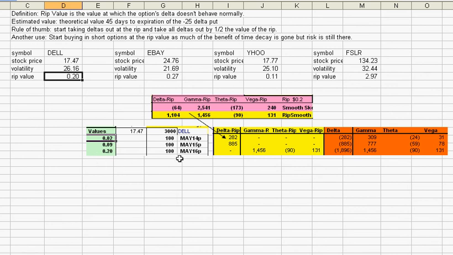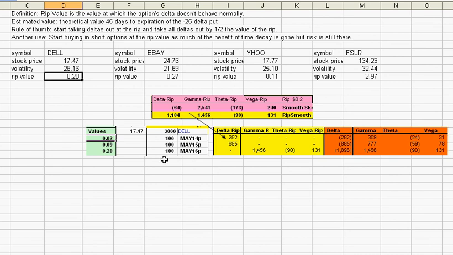So using the rules above, we would leave in the May 16 puts because its value is right at the RIP, so we're not taking any out yet until it goes below the RIP. Since May 15 is below 10 cents at 9 cents, we would take all those out, or we'd take 885 deltas out, and we'd take all of the May 14 deltas out, so that would take out 282.